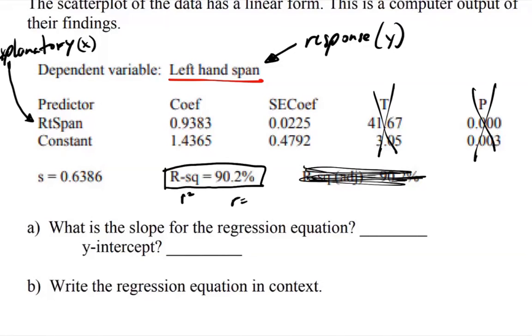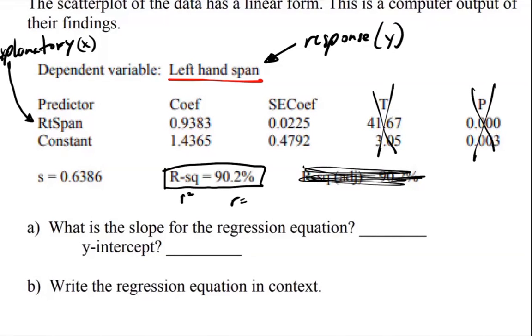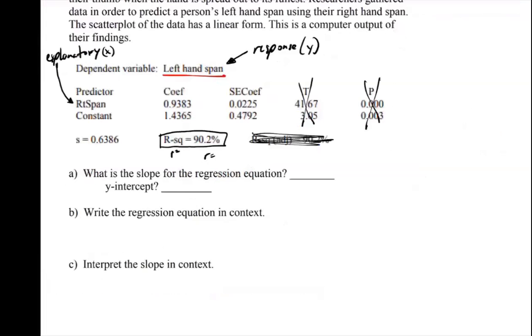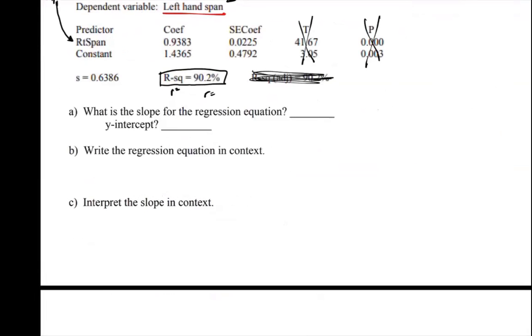Okay, so I need an equation. I need a slope and a y-intercept. When I'm writing an equation, I'm going to write it in letters like y equals ax plus b, and then I'll replace everything and change it to in context.